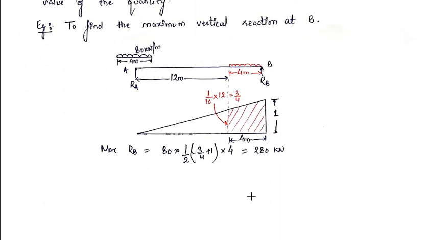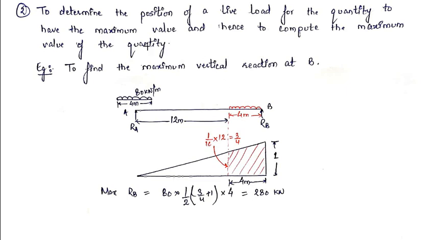Okay. Now the second use of the ILD is to determine the position of a live load for the quantity to have the maximum value, and hence compute the maximum value of the quantity.